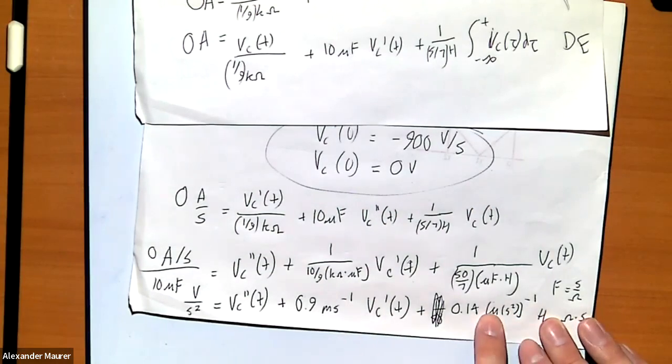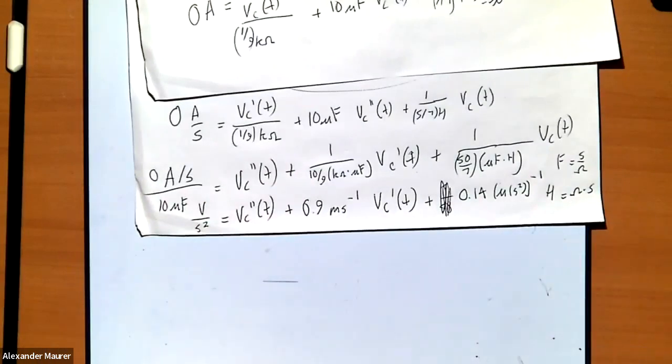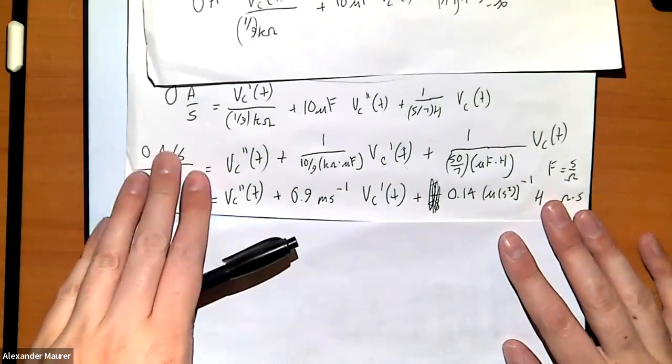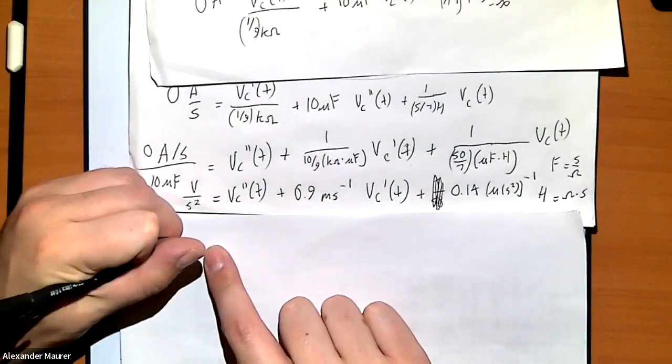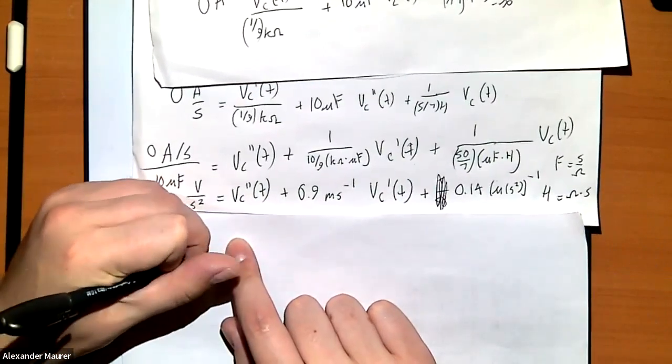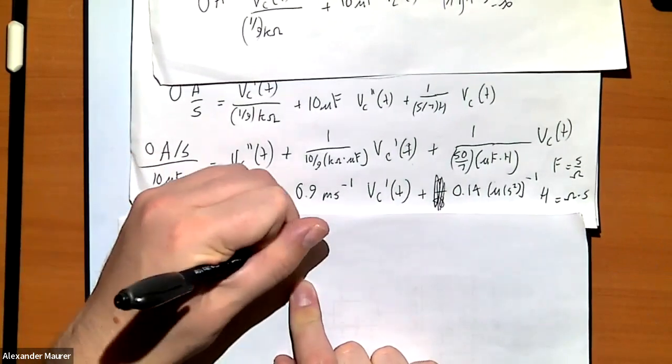So the micro, because the seconds are squared, distributes across them, milli and milli. So if I go to clean up my units, and actually I ran out of paper, 1 second. If I go to clean up my units very carefully, this is going to be 0 volts per second squared equals VC double prime of t.